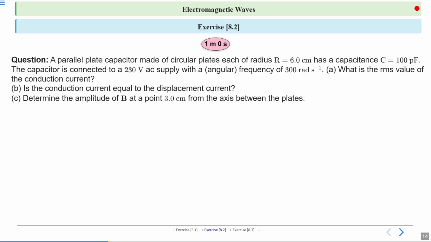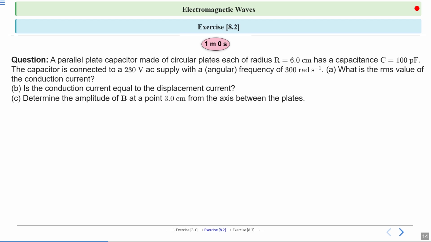We have to find the magnetic field at a distance 3 centimeter from the axis. That point lies within the volume enclosed by that cylinder, so we can consider it as a cylindrical wire.